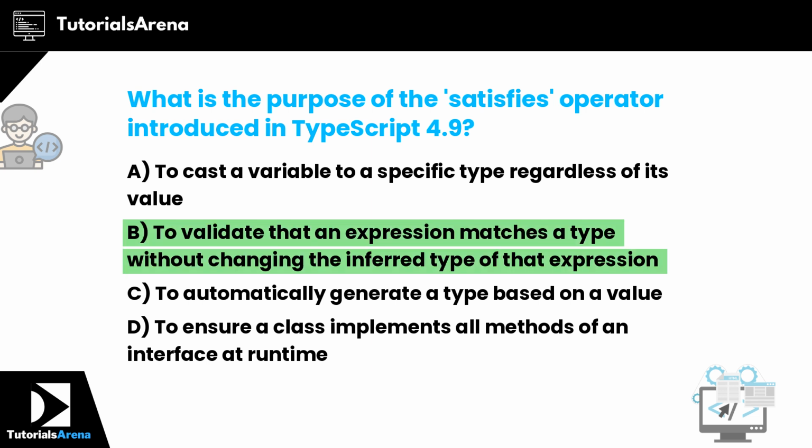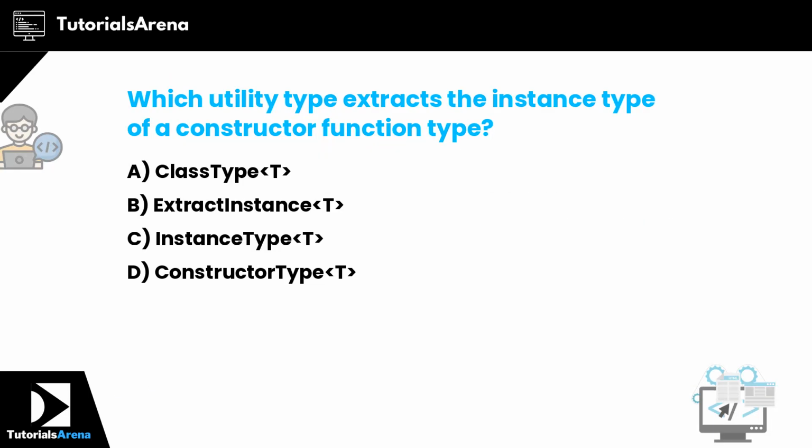The correct answer is option B, to validate that an expression matches a type without changing the inferred type of that expression. Which utility type extracts the instance type of a constructor function type? The correct answer is option C, InstanceType<T>.